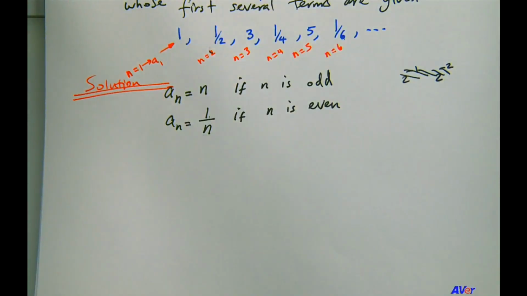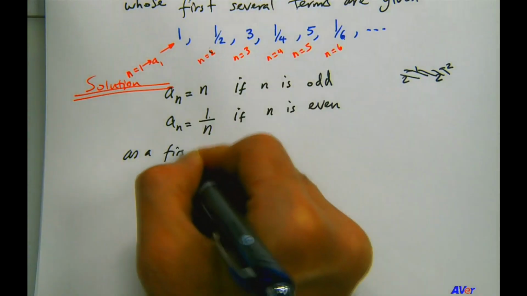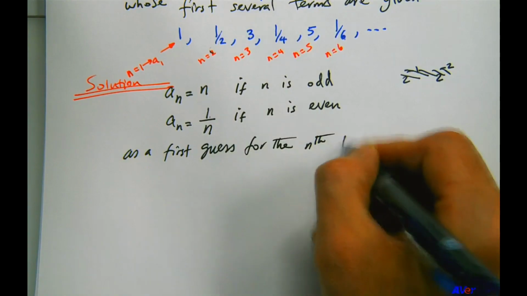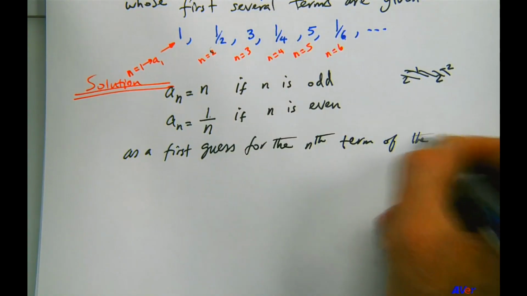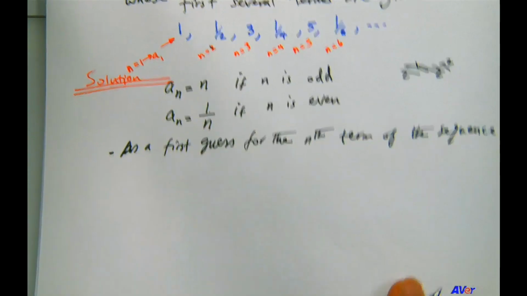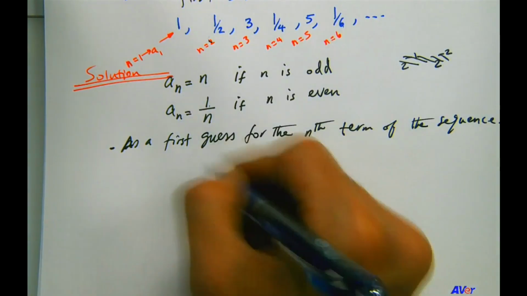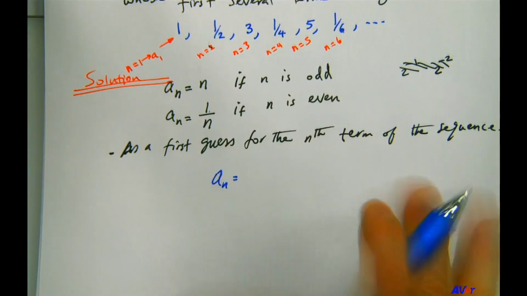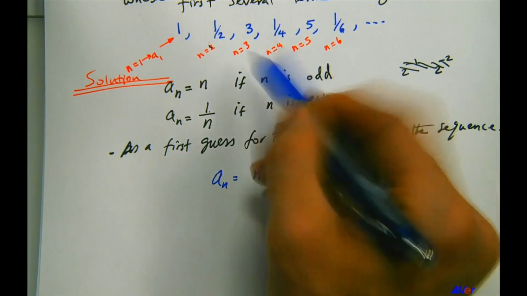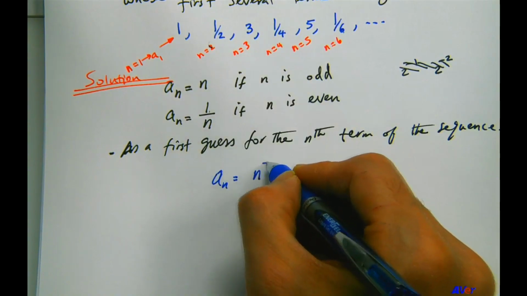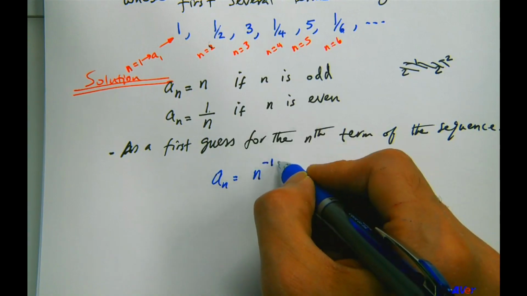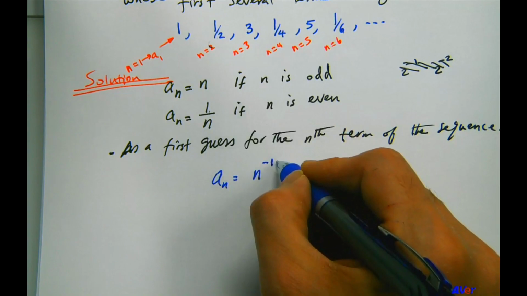As a first guess for the nth term of the sequence, let's say that a sub n is equal to n to the minus 1 power, plus n.